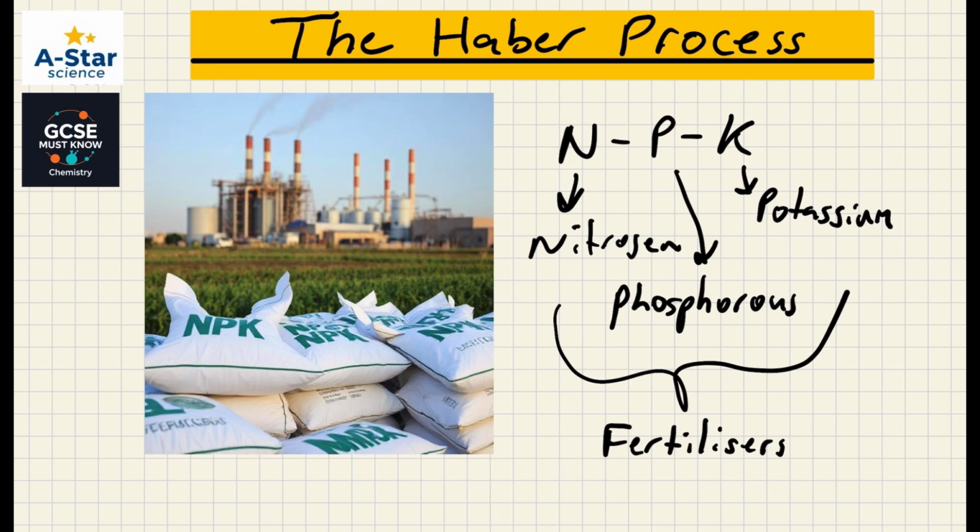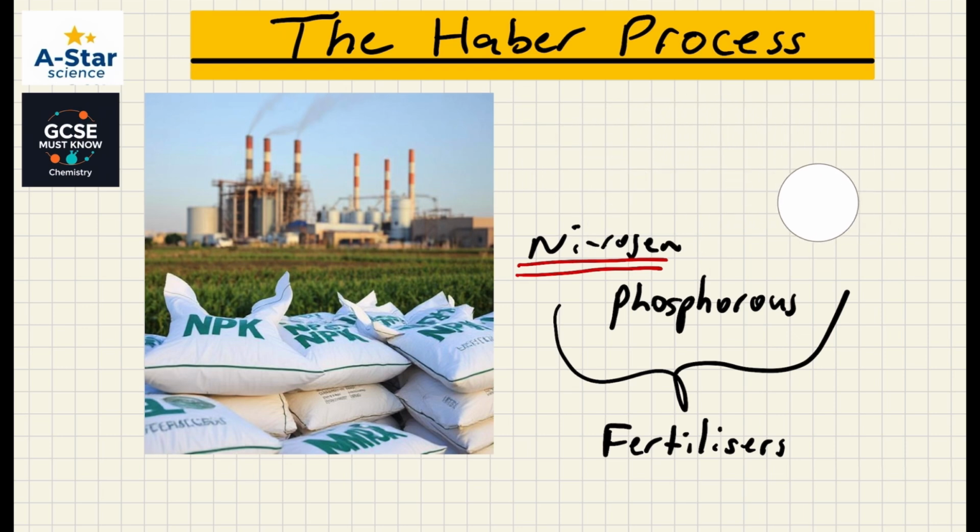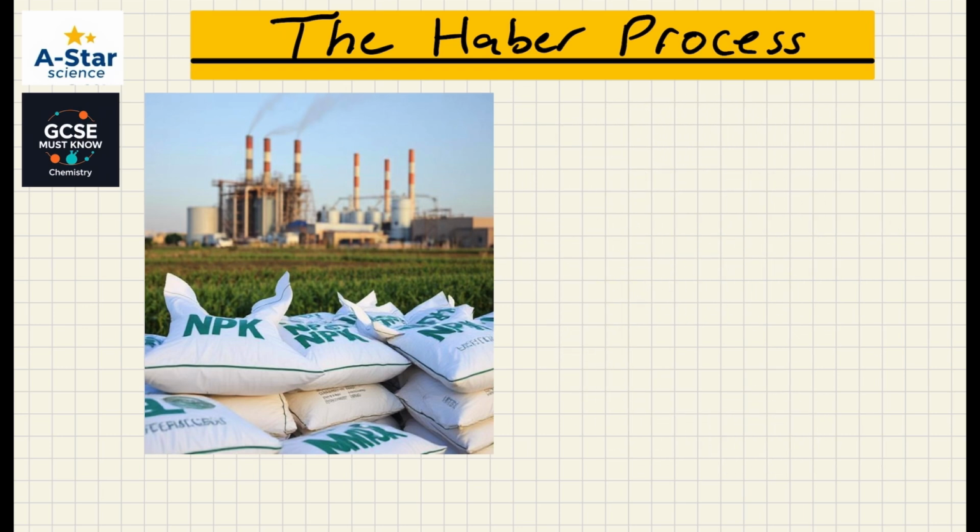There are thousands and thousands of tons of these fertilizers made from industrial products. And one of the key ingredients in this particular formulation is nitrogen. One of the key chemical reactions that takes place to form this nitrogen is called the Haber process.